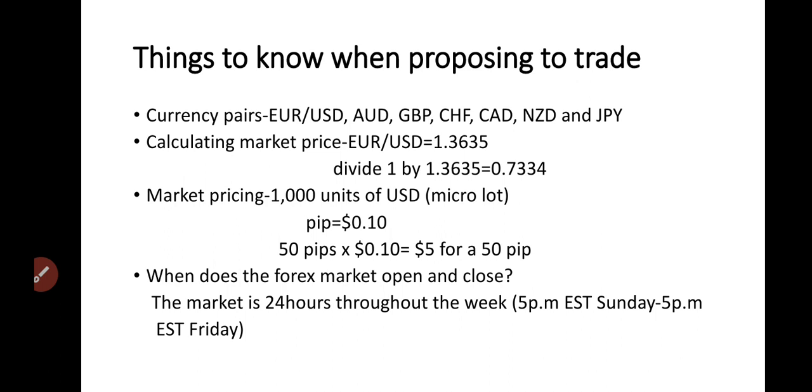And to find out how many euros it costs to buy 1 United States dollar, you need to flip the pair to USD/EUR instead of the initial EUR/USD. So when you do that, you divide 1 by 1.3635, which will give you 0.7334. That is how you calculate it.